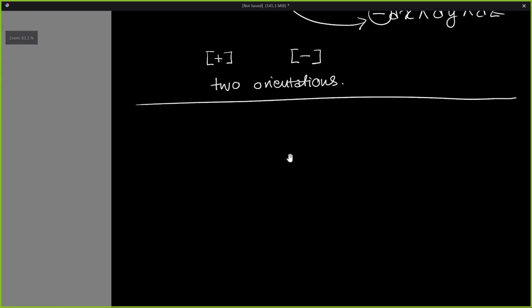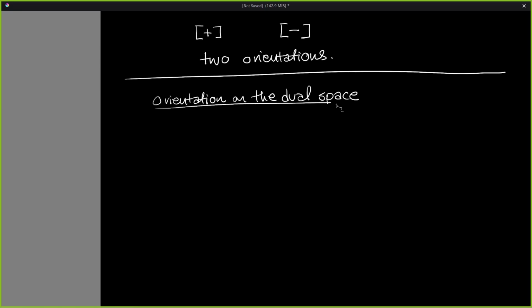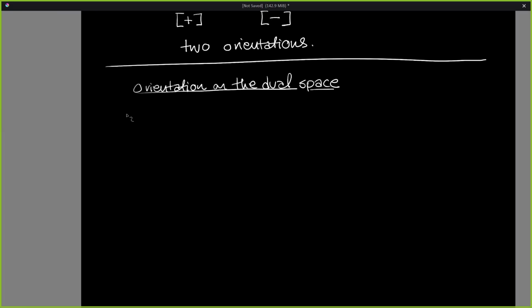Now the orientation on the dual space is quite simple. If we have V, then the orientation is defined by omega on V star. Simply, the orientation on V star is also dependent on omega on V star. That's it. They have the same orientation by definition.